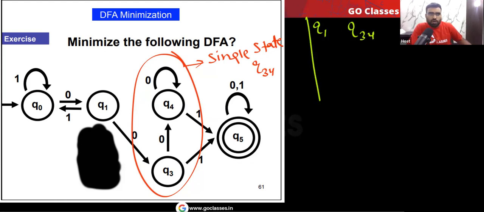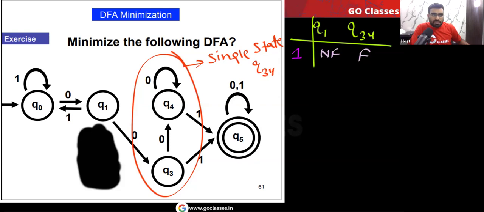Are they distinguishable? Yes, they are distinguishable by 1. On string 1, Q1 is going to non-final and Q3,4 are going to final. So Q1 is not mergeable with Q3,4.